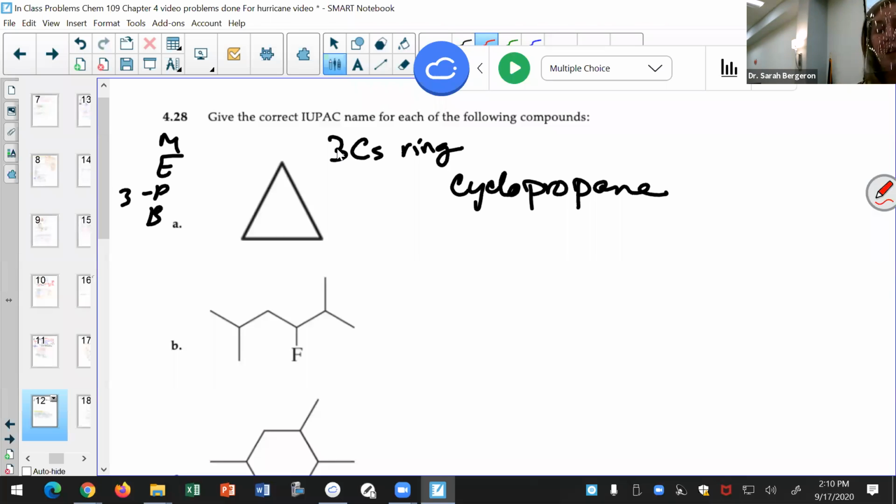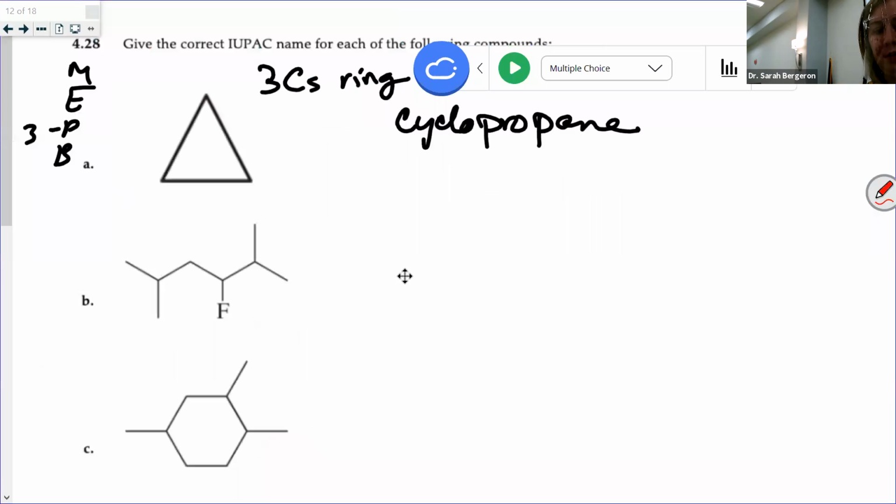Okay. Look at B. B, you first have to figure out what's my longest chain, right? So when you're trying to find your longest chain, if you use your finger and you trace it until you get to the end, without picking up your finger, the maximum number of carbons you go through is your main chain.